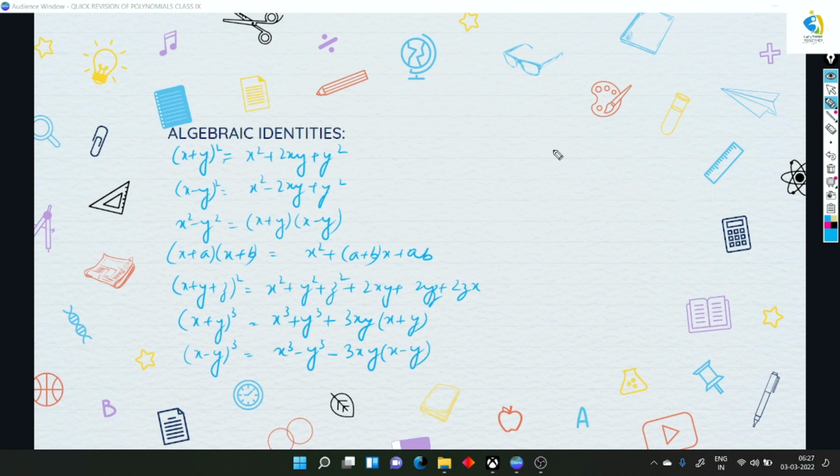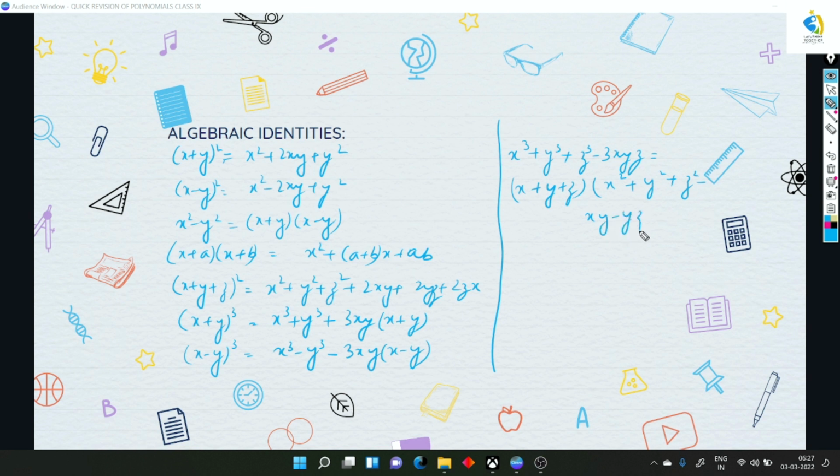Alright, and one more last is there, that is x cube plus y cube plus z cube minus 3xyz, which will be equal to x plus y plus z multiplied by x square plus y square plus z square minus xy minus yz minus zx. These all are your algebraic identities included in this chapter.